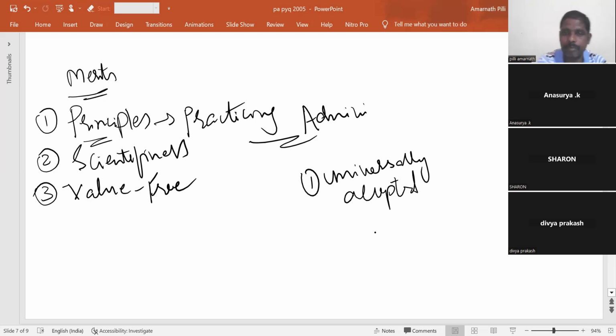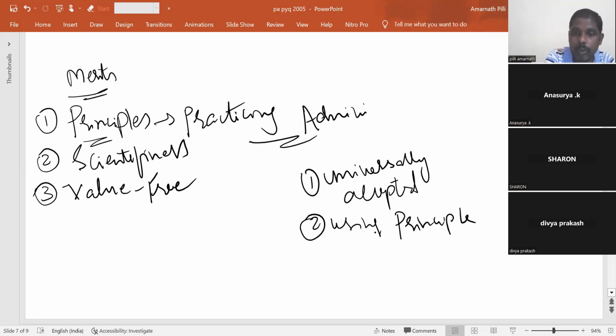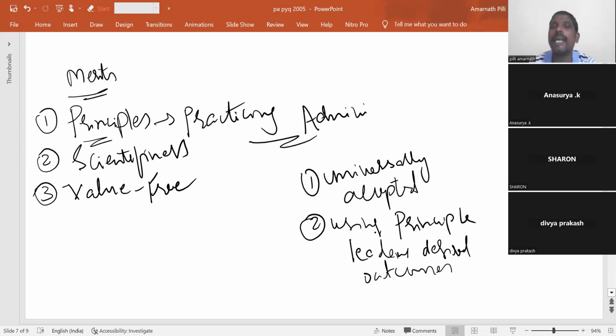And using these principles leads to desired outcomes. That means when these principles are implemented, it will lead to achievement of the intended goals, the desired goals, expected goals. That is the reason why we call a discipline a scientific discipline, because of these principles.